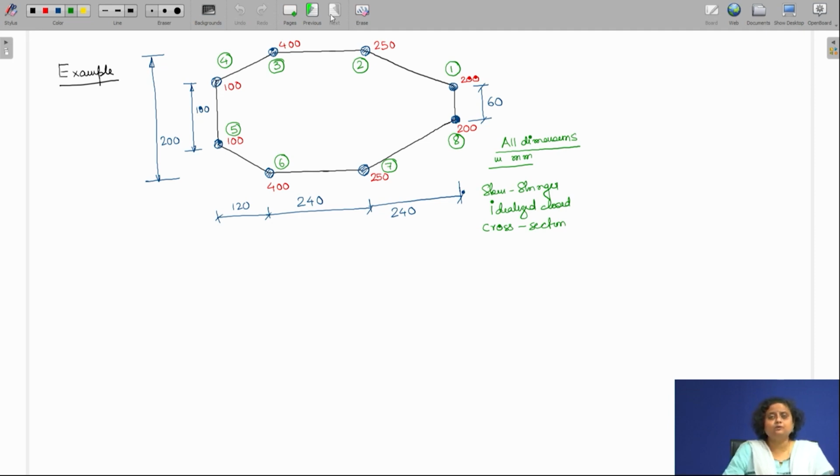When we solve the problem of shear flow in a closed cross section beam due to shear forces, in week 6 we had seen that the only difference between finding the shear flow in a closed cross section beam and an open cross section beam is that we have to assume the shear flow at a certain point, and based on this assumed shear flow we need to find the entire shear flow.